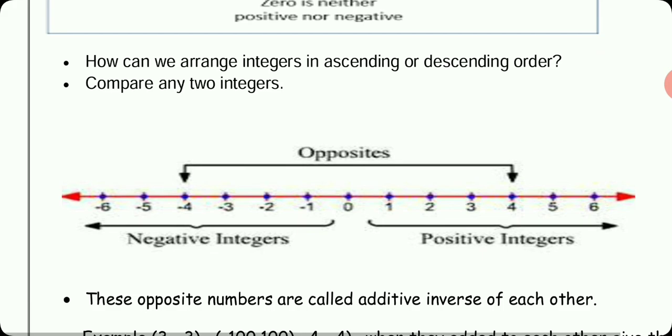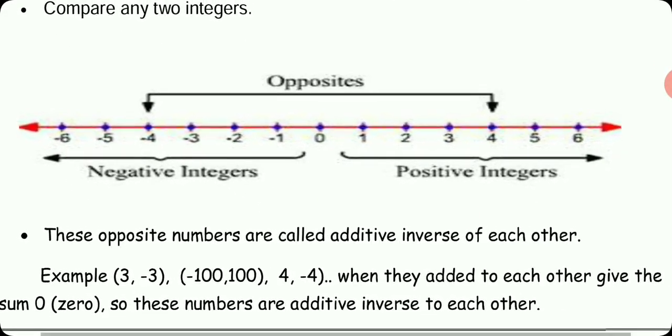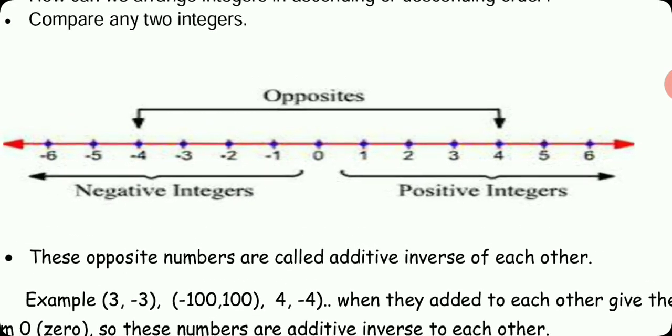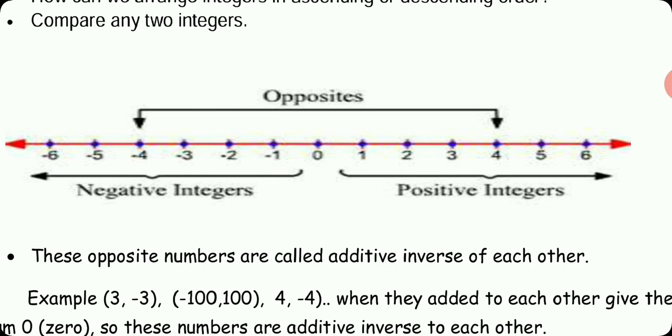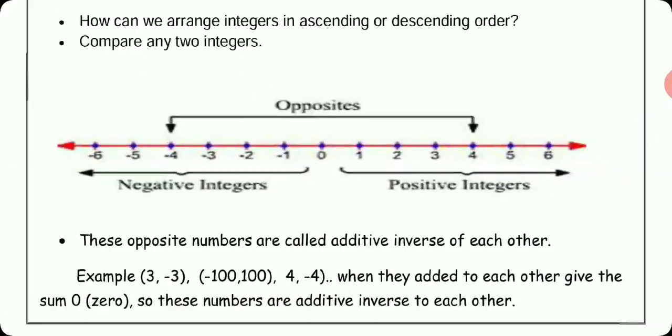Now next, just observe this number line. Again 0 is the center, the right side has positive integers and the left side negative integers. But 4 and -4, they are quite opposite to each other. These opposite numbers are called additive inverses of each other. What is the additive inverse?